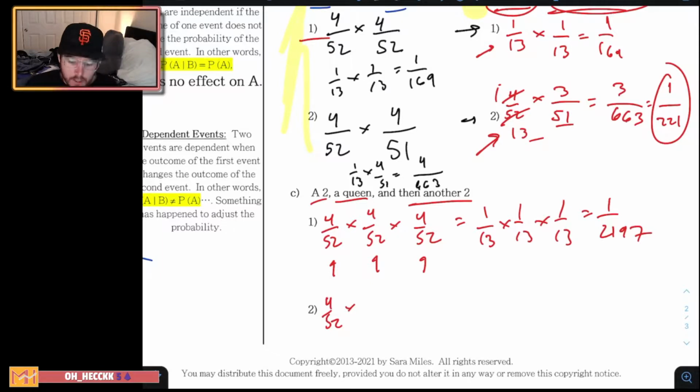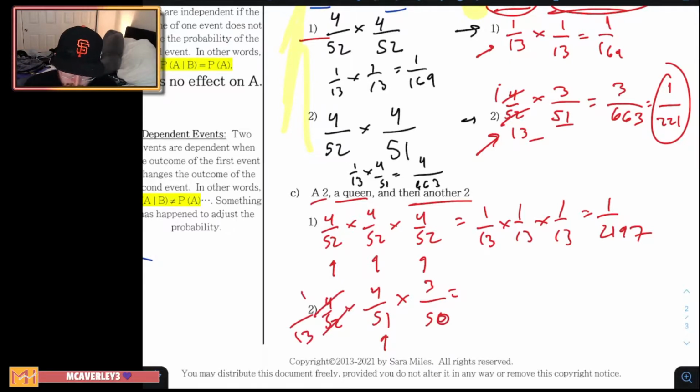But the second you don't put a card back, we had 4 out of 52. When we took a 2, there's only 51 cards left, but the 4 queens are still there. But earlier we took a 2. So if we're going to pick another 2, there's only 3 options left, and we took that queen out, so now we drop down to 50. So how does this reduce? This reduces to 1/13. 51 is divisible by 3, by the way. 51 divided by 3.